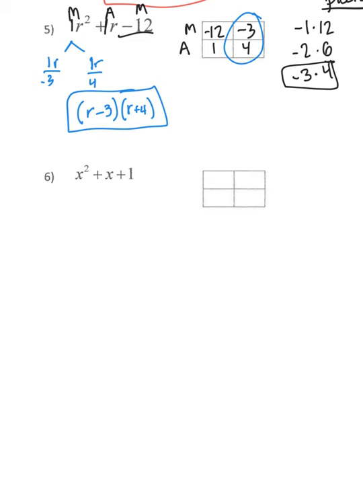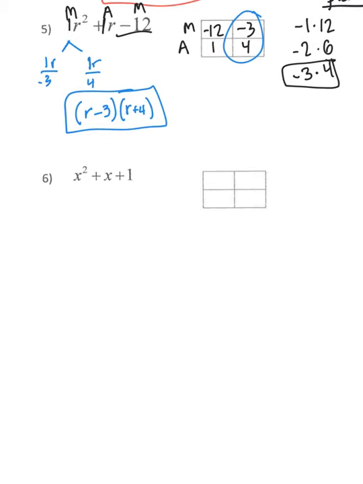Okay, we've got one more example here. I'm going to label my MAM. I've got 1 times 1 for my multiply, and I've just got 1 for my add.